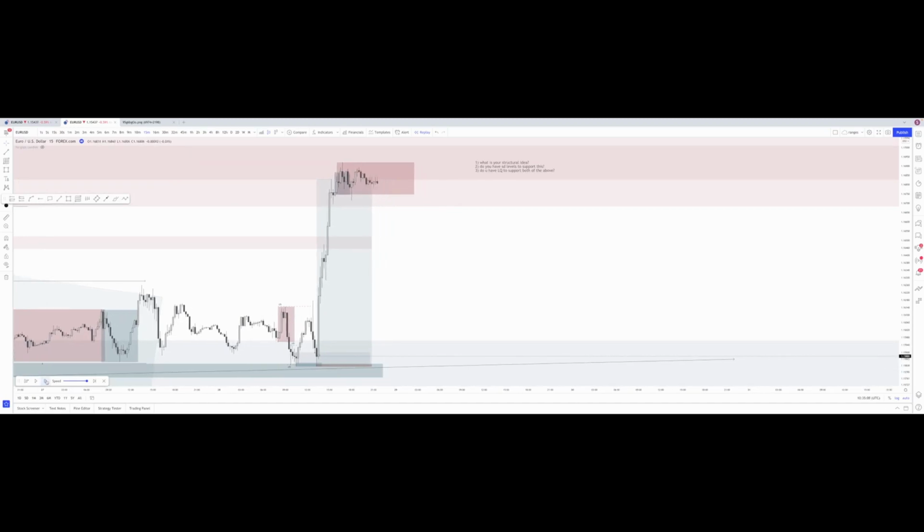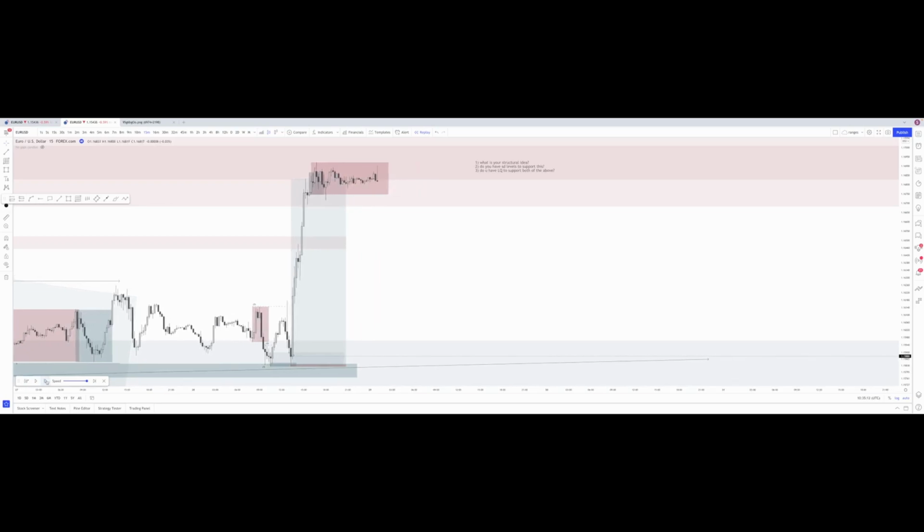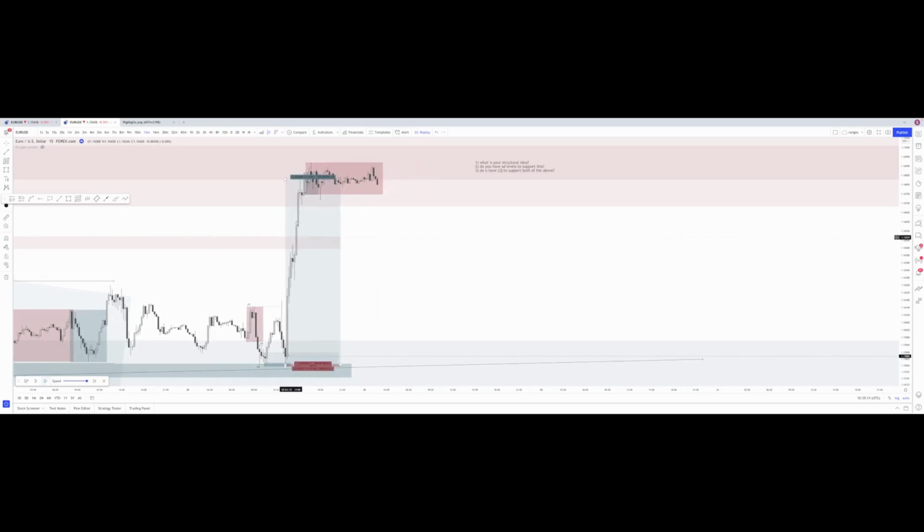Right, so we can start watching and seeing, because we've seen this reaction to this demand now, so maybe we see a run on this high, maybe we don't, who knows. Cool, this is all like overnight as well, so we don't really want to be trading this. Cool, price runs the high here, so we've got a liquidity grab.